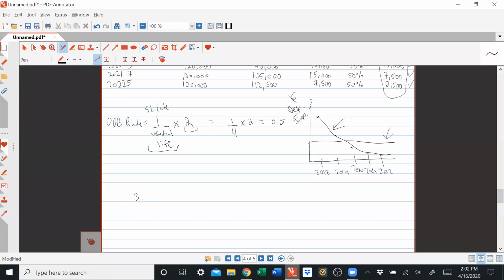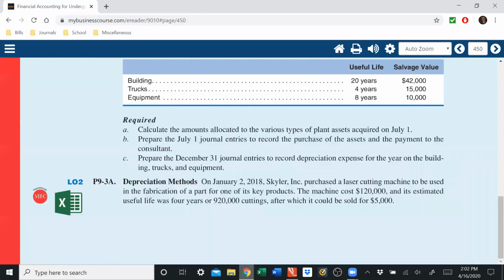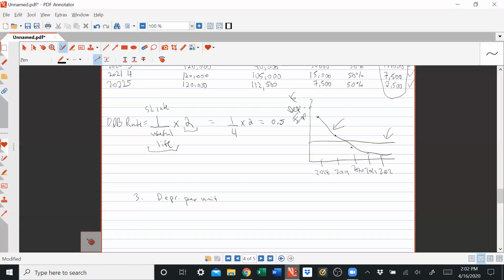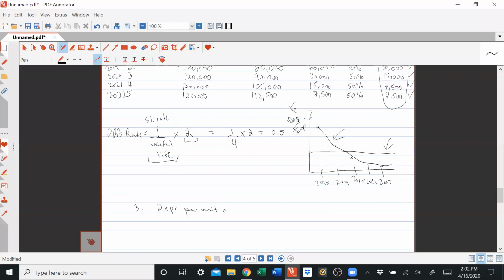So with units of production, we need to calculate the depreciation per unit, which in this example, what are the units? Cuttings per unit of use. If it was a vehicle, the units of use would probably be miles driven.